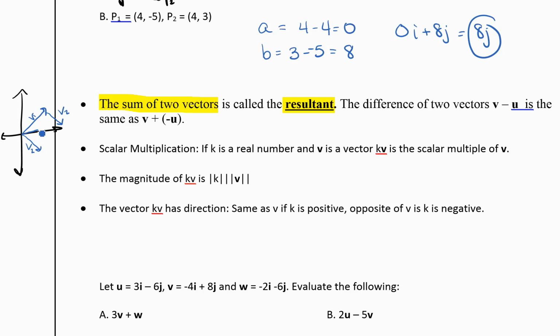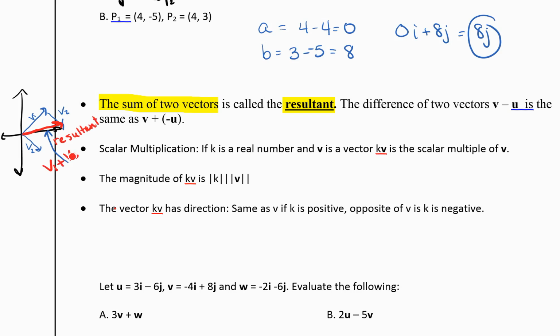Then if you start at the standard position and draw the line out to the end of v2, that's the resultant. So this angle, let me put it in red, that would be our resultant. So that's what we would call v1 plus v2.